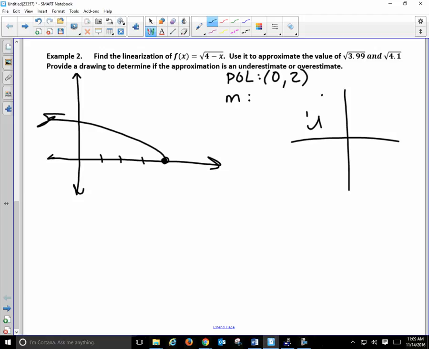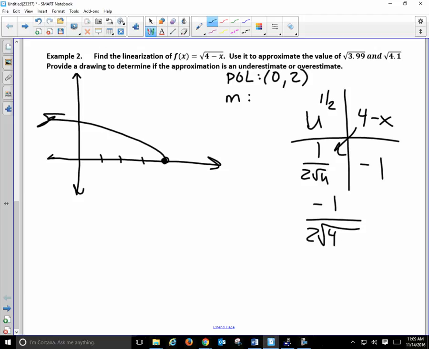What do I have to use for the derivative? u to the 1/2, where u is 4 minus x. Derivative of 4 minus x is -1. What's the derivative of u to the 1/2? So it looks like I got -1 over 2 times the root of 4 minus x. If you plug in 0, we get -1/4.